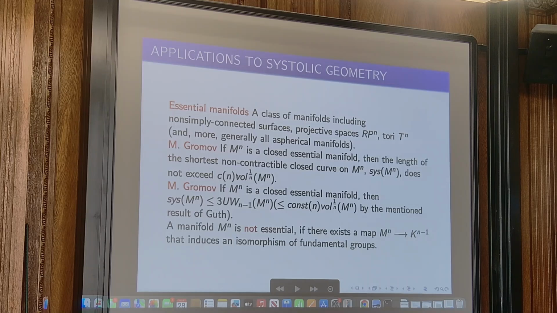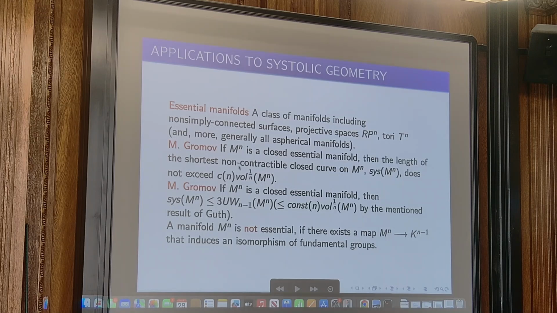And we know from the already mentioned result of Guth that this Urysohn width can be bounded by a constant times volume to the power 1 over n. It's not how it was initially proven, but having built up the above, once we know how to estimate the n minus 1 dimensional Urysohn width, then in the situation when M is essential, we have an immediate bound for the systole.